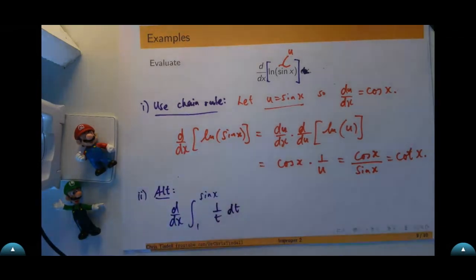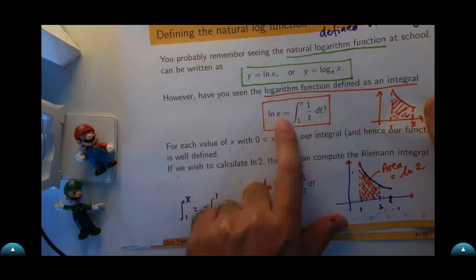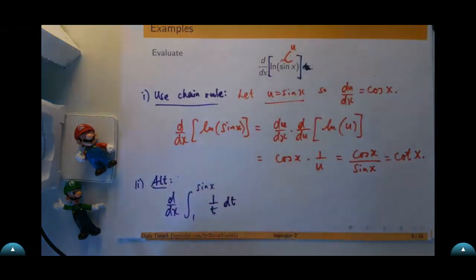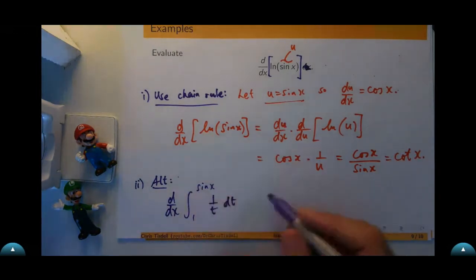All I've done there is I've taken my integral definition of the natural log function, and I've replaced x with sine of x. So you get something like this, and now it's just a little game of applying the fundamental theorem of calculus using the chain rule, right?